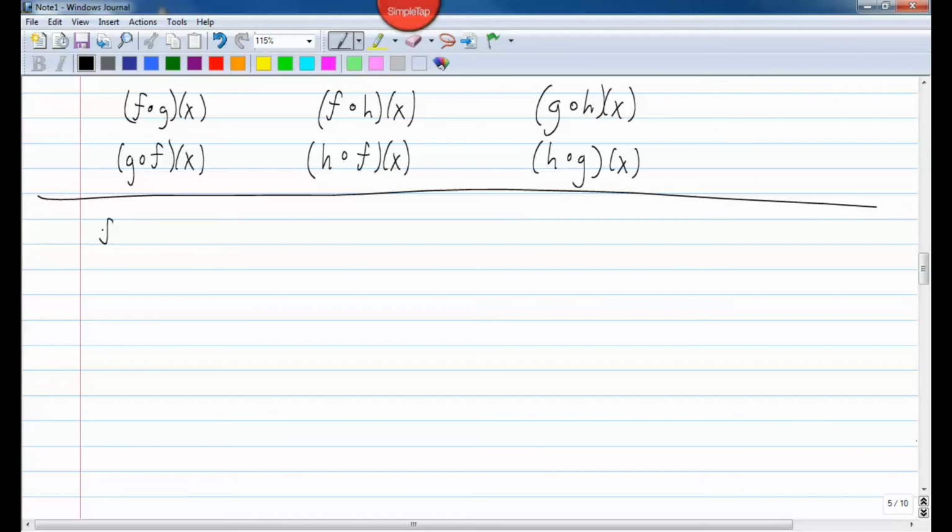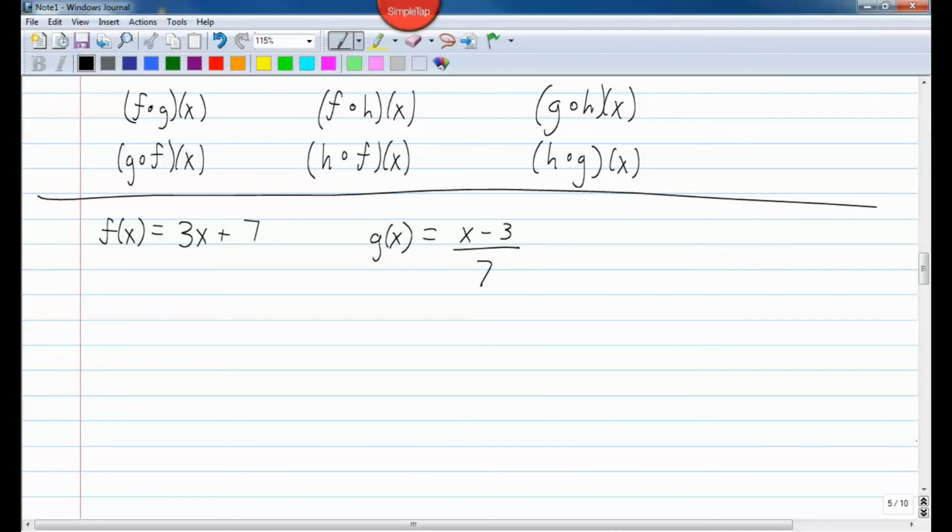Alright. So the question is, are the 2 functions that I'm going to write down inverses of each other? Alright, so f of x equals 3x plus 7 and let's say g of x equals x minus 3 over 7.